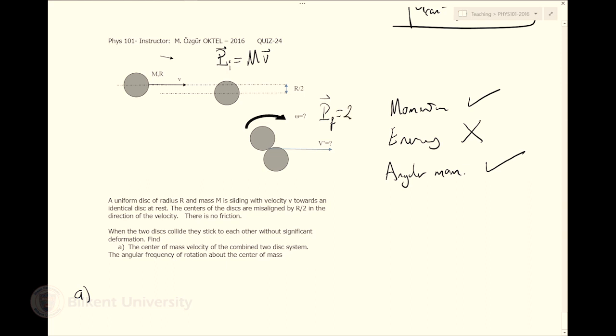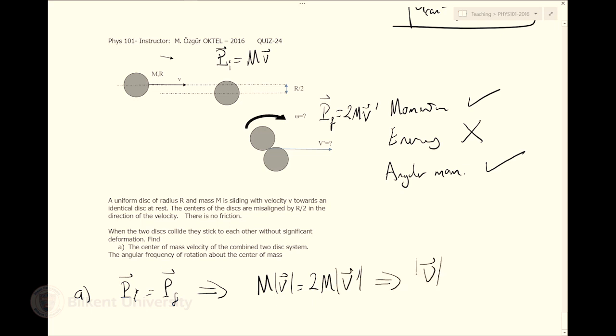So it's going to be 2m times v prime. So initial momentum equals final momentum, which means m times v magnitude is 2m times v prime magnitude. So v prime magnitude is v magnitude over 2. So part A was quite easy.